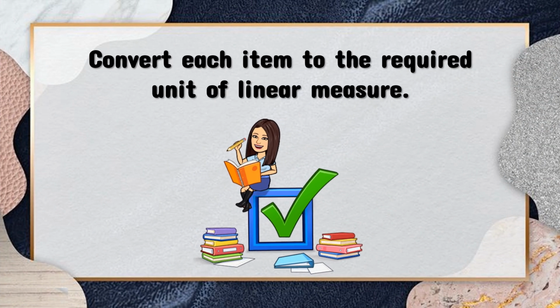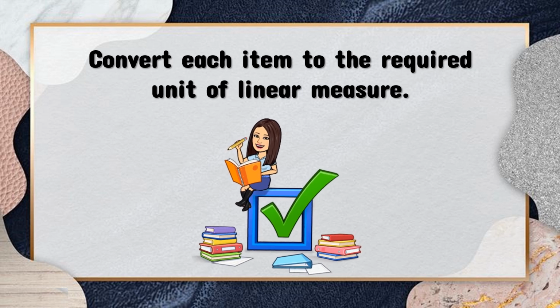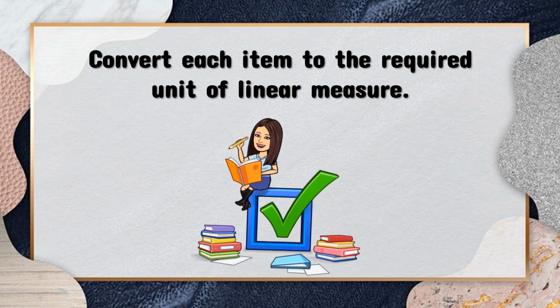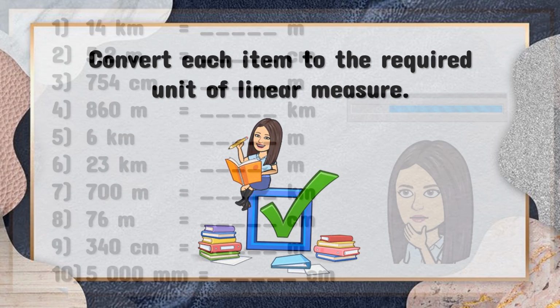Convert each item to the required unit of linear measure. You can also do this in your notebook. You may use the long method of conversion or the rules in moving the decimal.